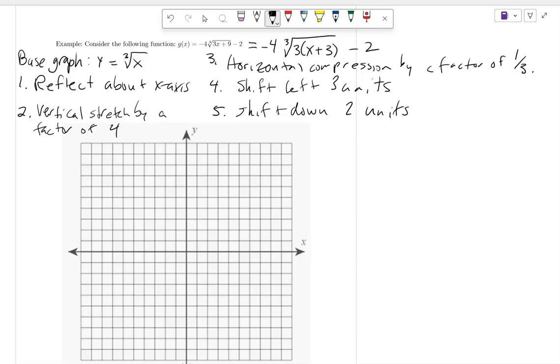All right, so what does your cube root graph look like? It's like a sideways S, right? It goes like so. That was our base graph, ish. Yes.